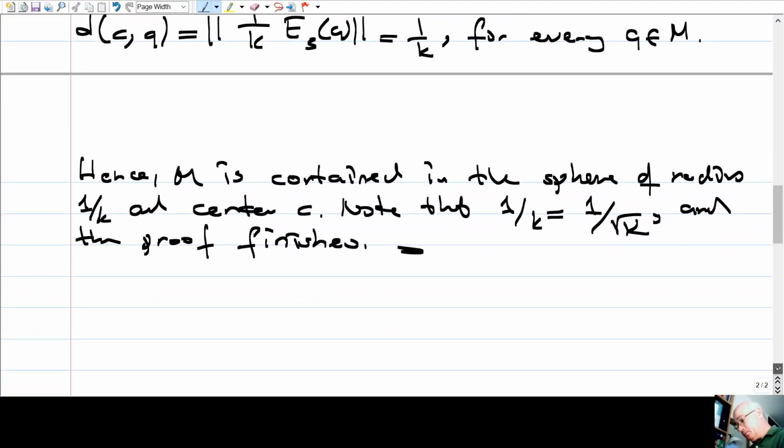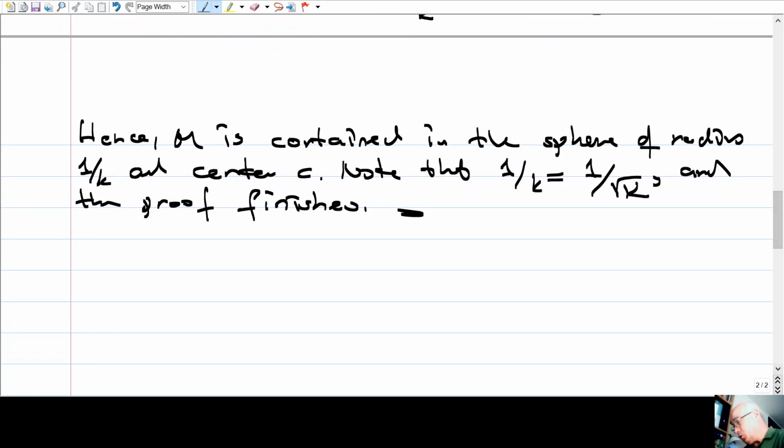Okay. So this shows what? Hence, we get the following corollary.